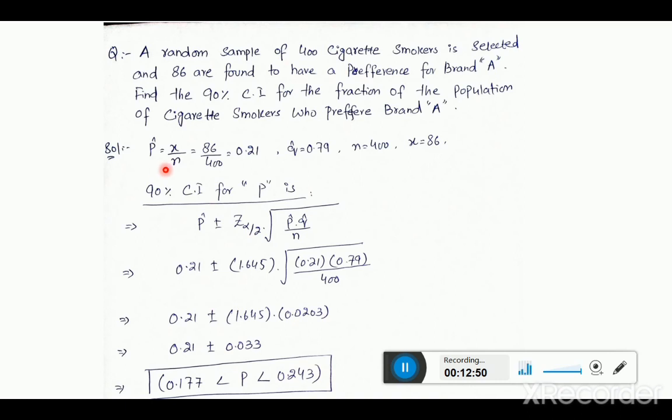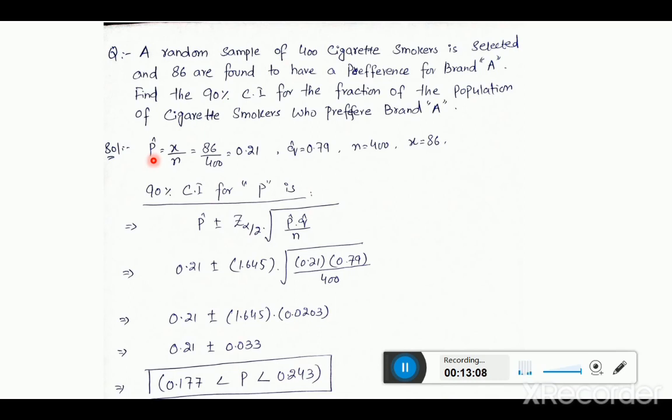First we find p cap with the formula X divided by n, that is X, the number of preferred people, 86, over n, the total, 400. This gives 0.21, meaning 21%.